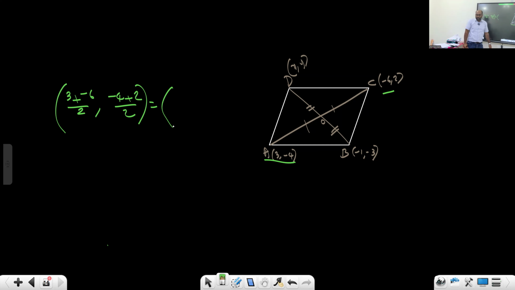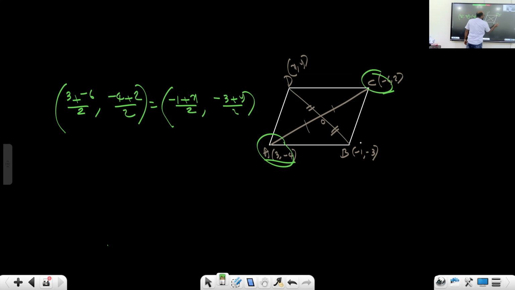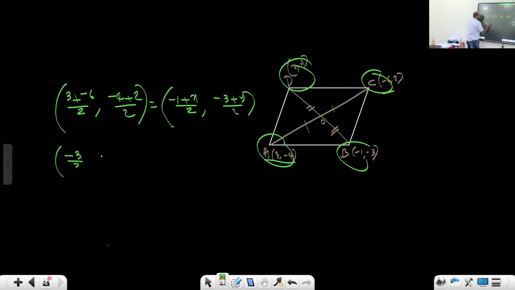Now midpoint of BD. What plus what by 2? Midpoint of BD is minus 1 plus x by 2, comma, minus 3 plus y by 2. So midpoint of AC is the same as midpoint of BD. Now simplify. Minus 3 by 2, comma, minus 2 by 2.